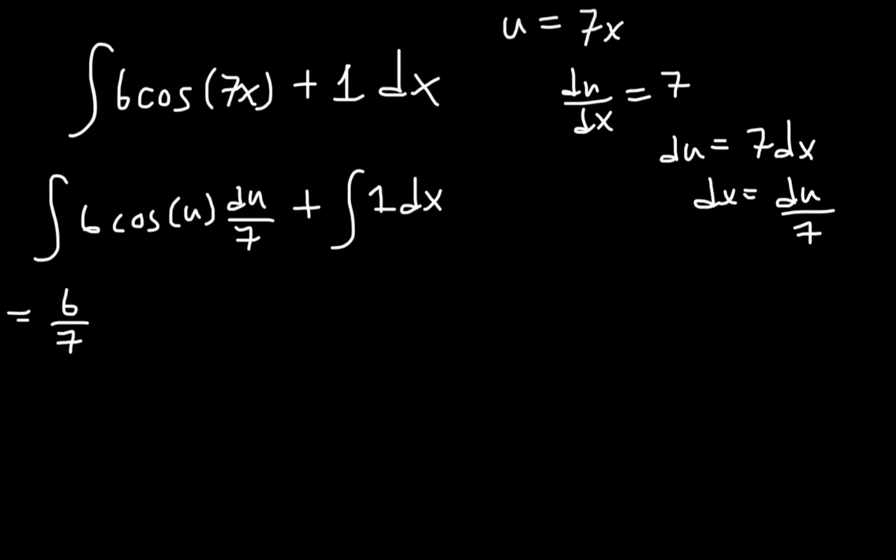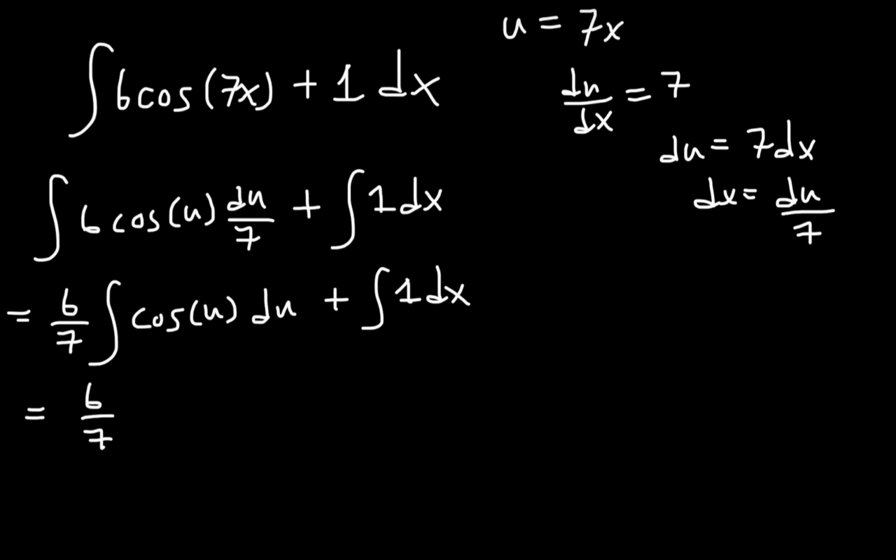So I have 6 over 7 times the indefinite integral of cosine of u du plus the integral of just 1 dx. And that equals 6 over 7 times the indefinite integral of cosine u, which is just going to be sine u, plus the integral of 1, that's just going to be x using the power rule, plus the constant of integration.